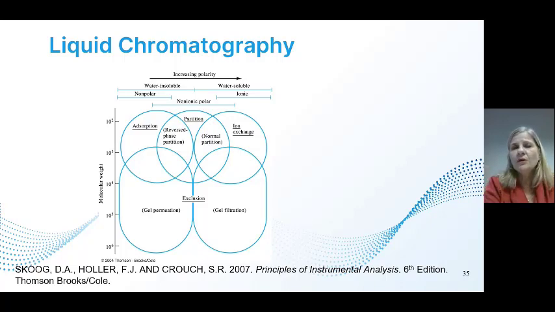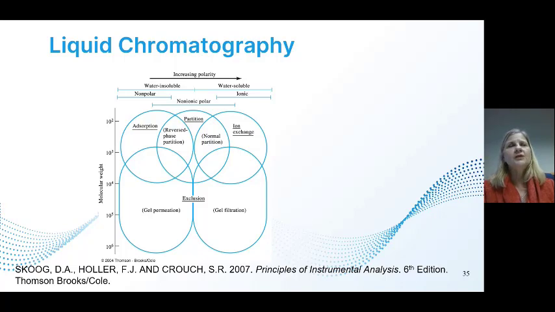For non-polar compounds we have adsorption, where you have a solid stationary phase and not a liquid layer. Then we have partition chromatography, which is the one that we most often use, where it can either be reverse phase or normal phase separation. And then for polar ionic compounds, we can have ion exchange.